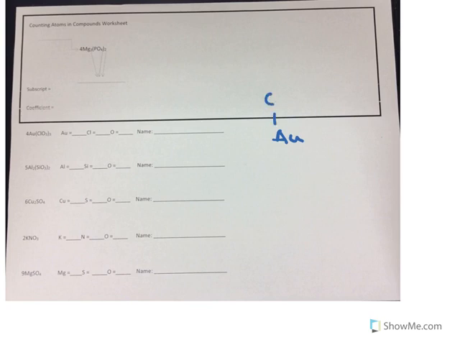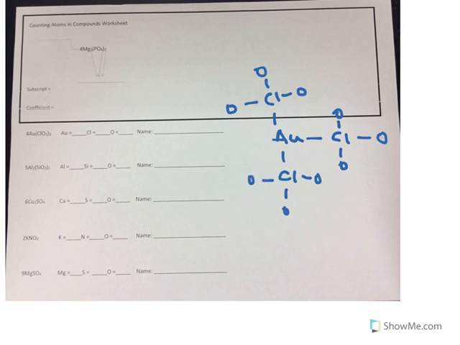It's attached to a ClO3, and then another ClO3, and then another ClO3. Okay, so that's the compound. And then the 4 in front of it means that we would have 4 of those.